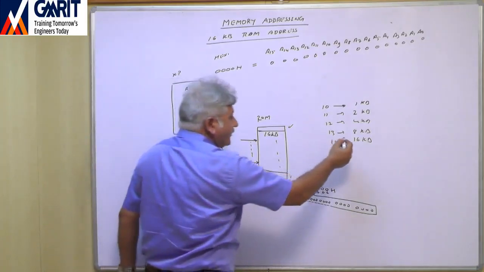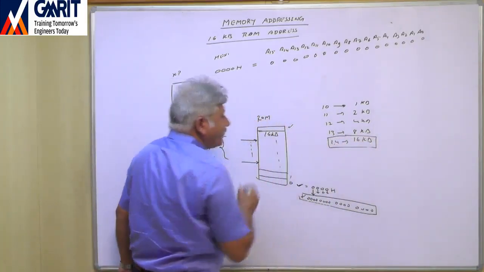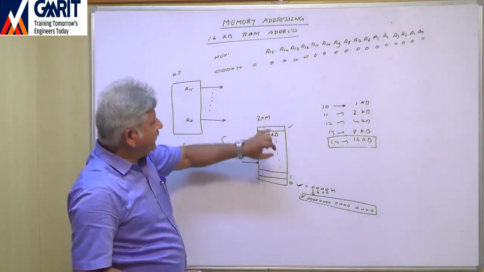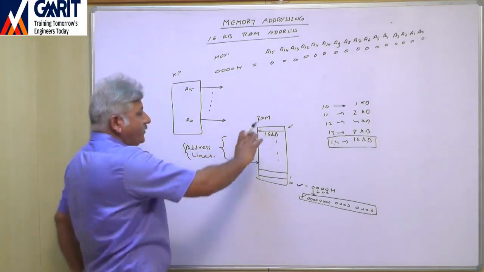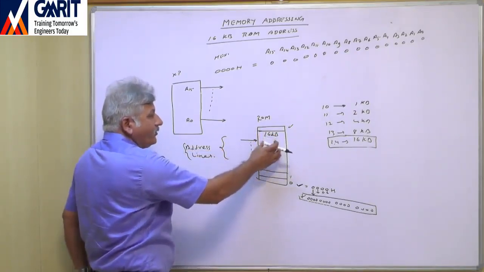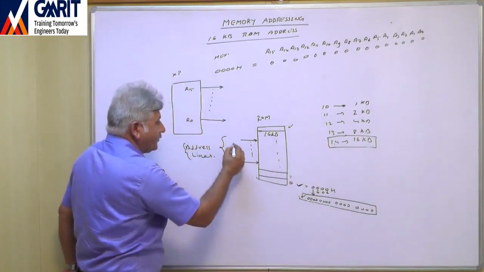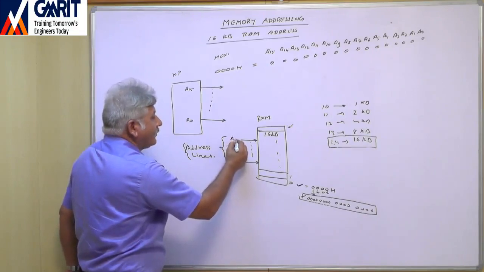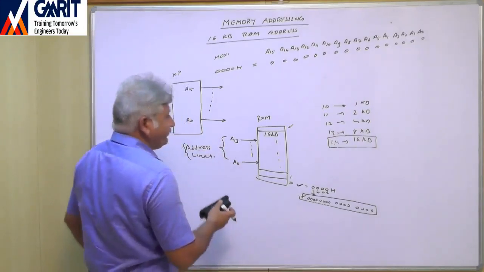So for 16 KB memory, we require 14 address lines. If we purchase a 16 KB ROM from the market, we will find 14 address lines, A0 to A13. These are 14 address lines, right?